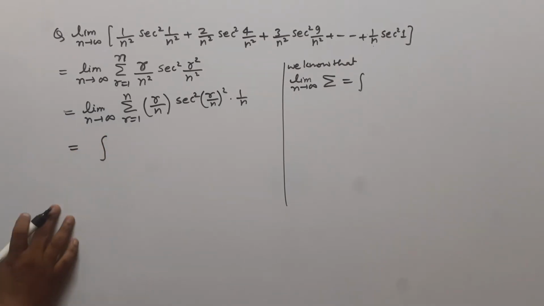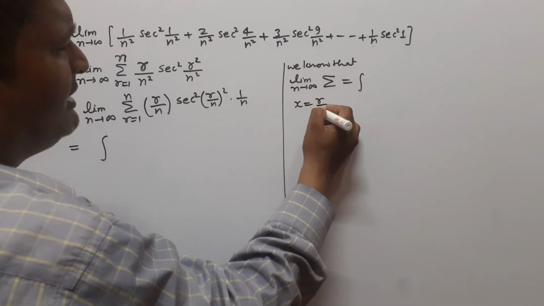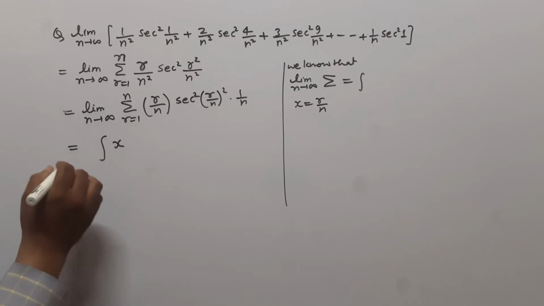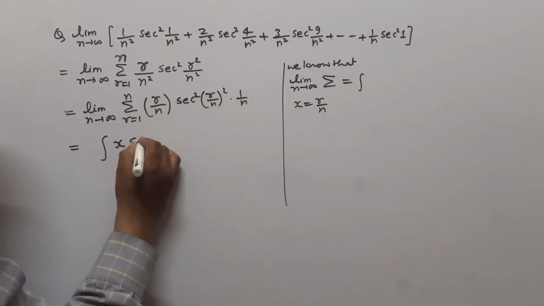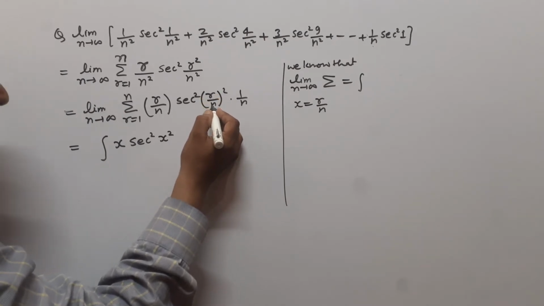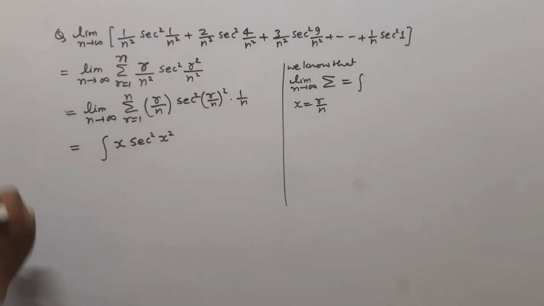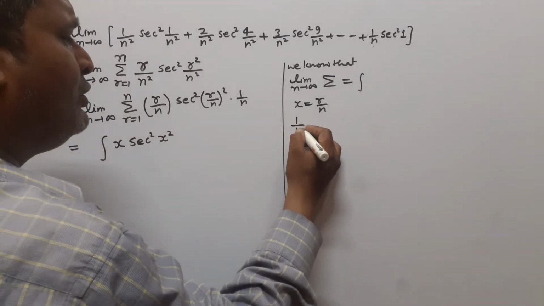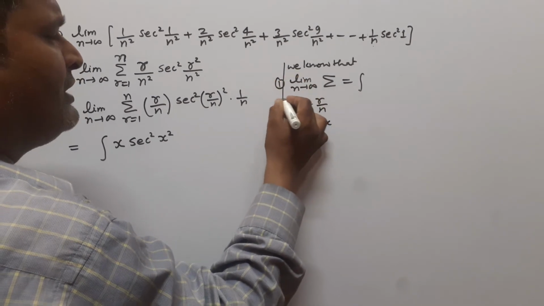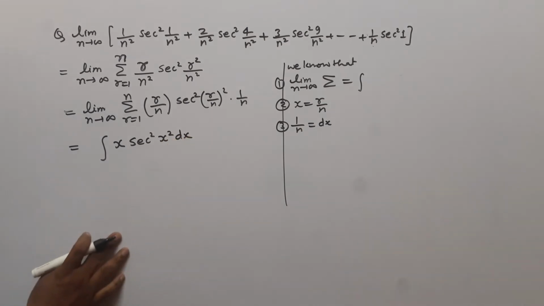So here we write the integral, and we know that x equals r by n, so in place of r by n we put x, and this is x sec square x square, because r by n equals x. And we know that 1 upon n is equal to dx, so in place of 1 upon n we write dx.